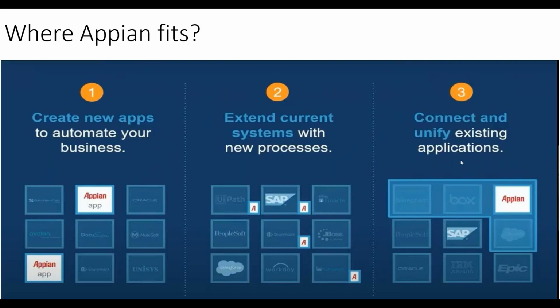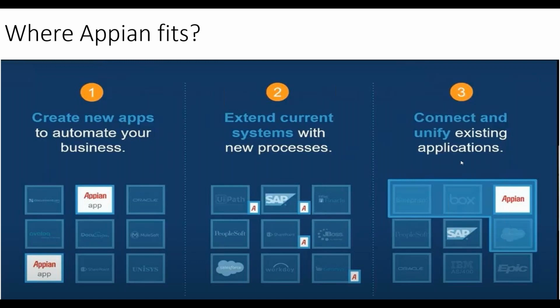Now, where Appian fits is a more important thing. Appian is not only for development within Appian itself. You can also use other applications with Appian, and use Appian inside other applications. Extending the application is very easy in Appian.